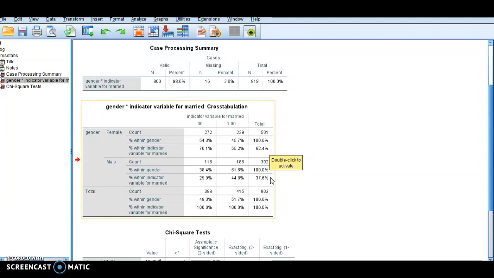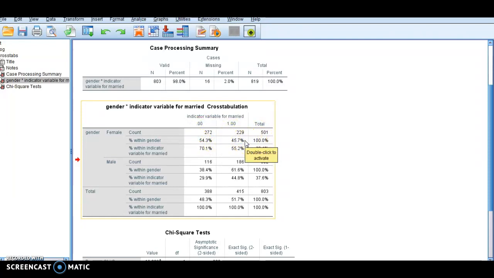But we would like to know if there is an association between gender and marital status. What does that mean? What are the implications of that? Are females more or less likely to be married, and vice versa? So we can say, looking within the female row, of all of the 501 females, 229 of them were married. And this is what would be called the row percent.